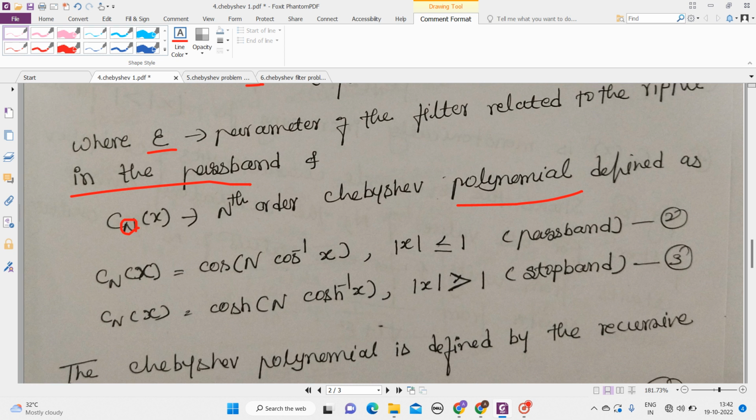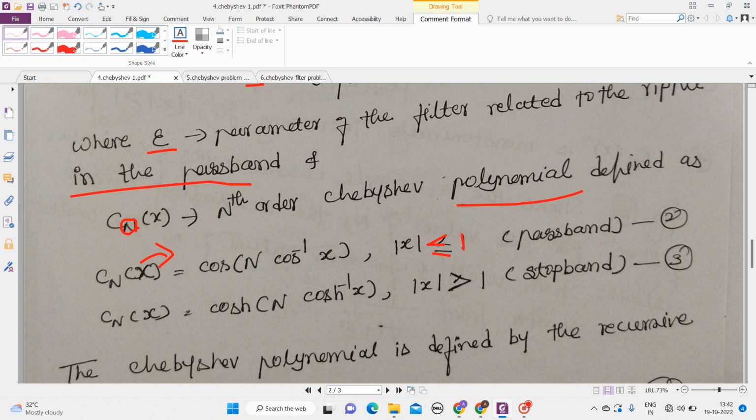So C subscript n of x equals cos of n cos inverse of x, if the modulus of x is less than or equal to 1. Then it is a passband equation.